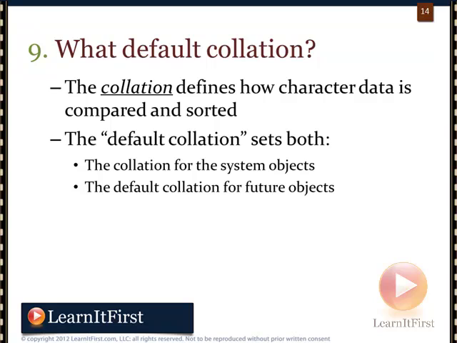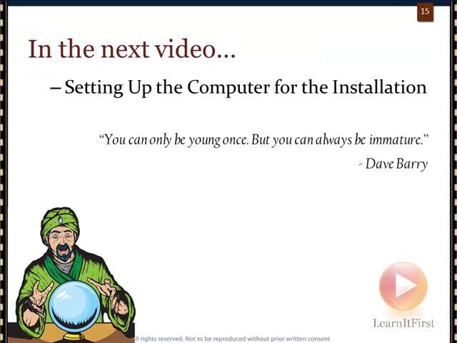Changing the default collation basically means reinstalling SQL Server and choosing a new default collation, and it's a huge pain. You don't want to have to do that. So the default collation we set for the server can be overridden when we create databases, and we will see that when we go through it. All right, let's come back in the next video.